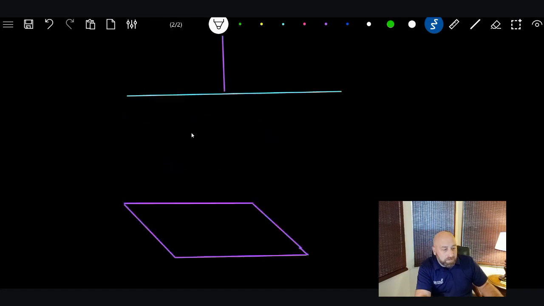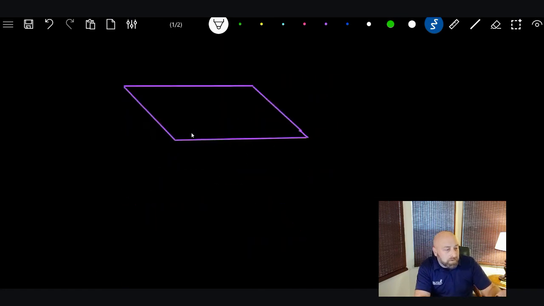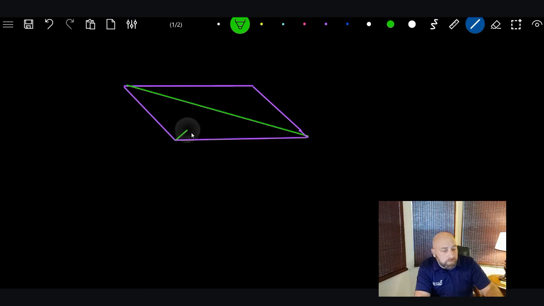So I had the parallelogram there, and I even had the diagonals in it. But let me get a straight line going. So if I put there and I put another one there, this point right here is a very important point in geometry, for several reasons. But for right now, here's what it means.